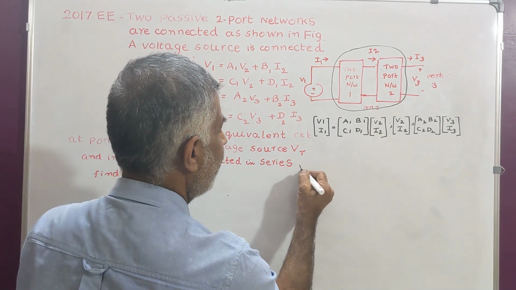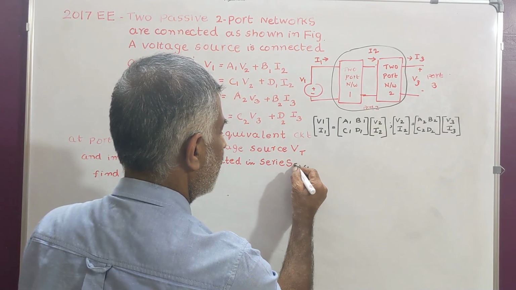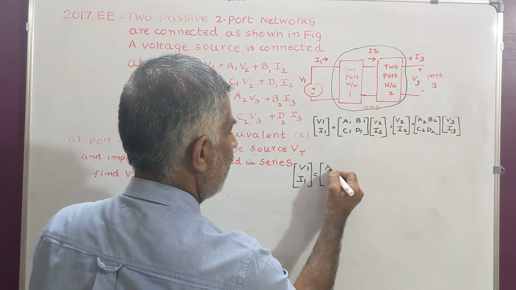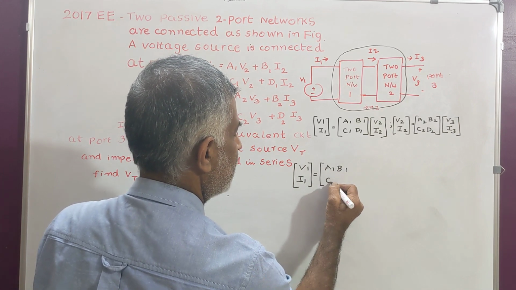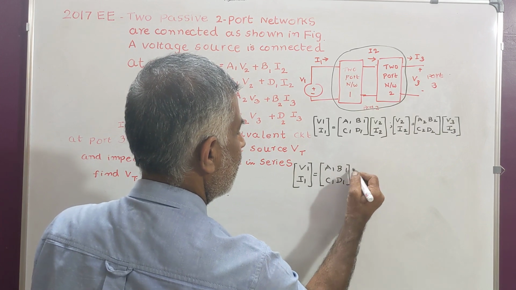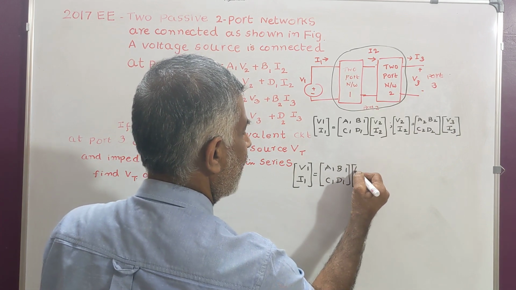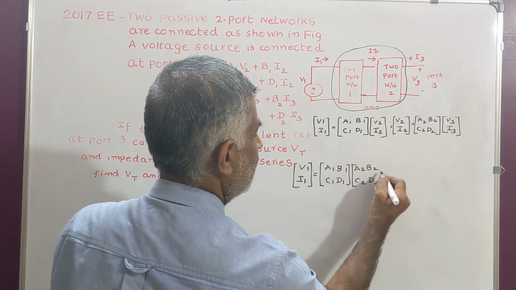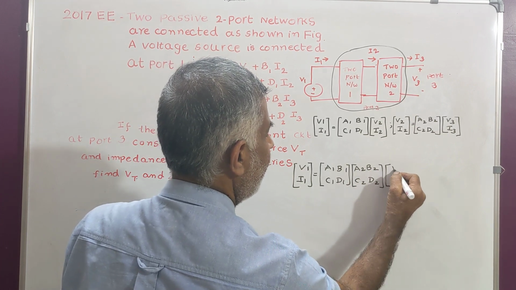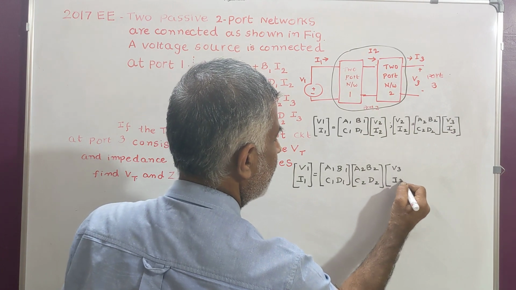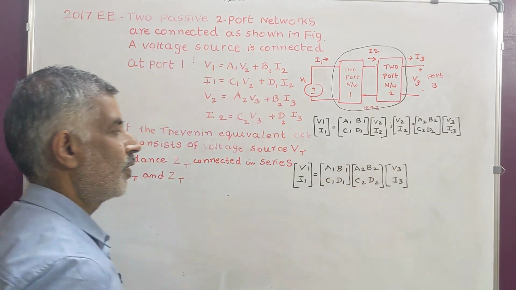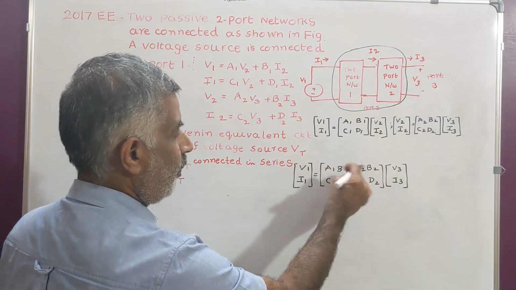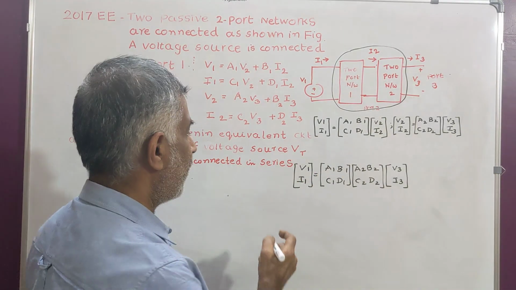So [V1 I1] is equal to [A1 B1; C1 D1] multiplied by [A2 B2; C2 D2] times [V3 I3]. Now I will multiply the matrices.